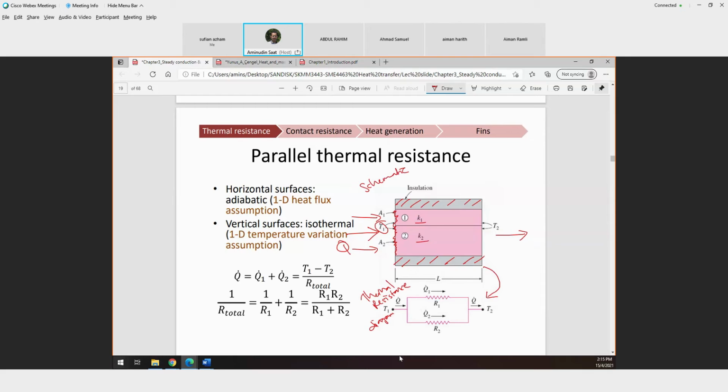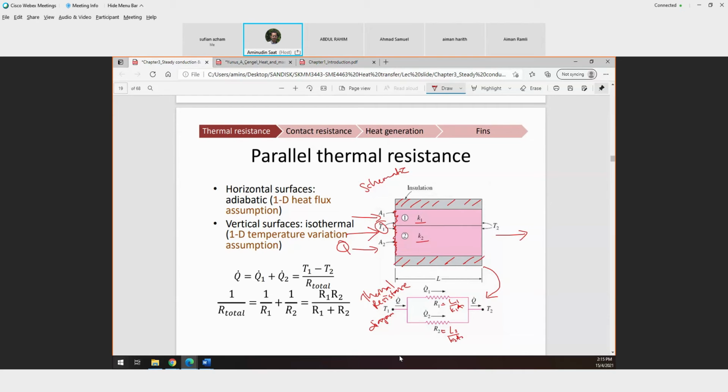So R1 is due to K1, which is L1 over K1 A1, and R2 is due to L2, K2 and A2. This is the conduction resistance.